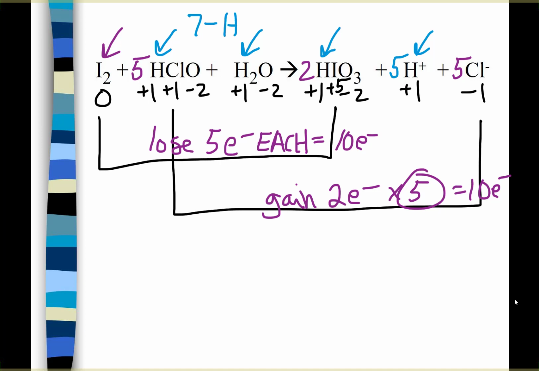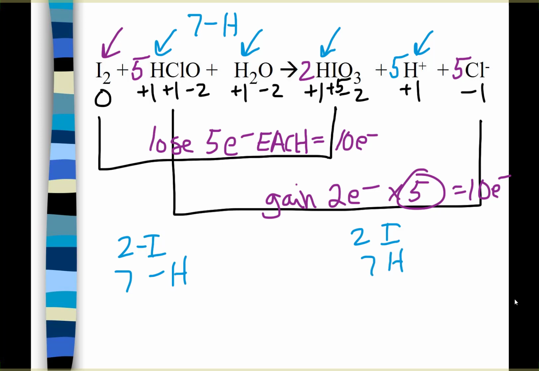So let's go ahead and just make sure everything is balanced as it should be. Electrons are balanced. Our elements that are being oxidized and reduced are balanced. So let's just go through and count. I have 2 iodines here and 2 here. I have 5, 6, 7 hydrogens here, and over here I have 7 hydrogens.